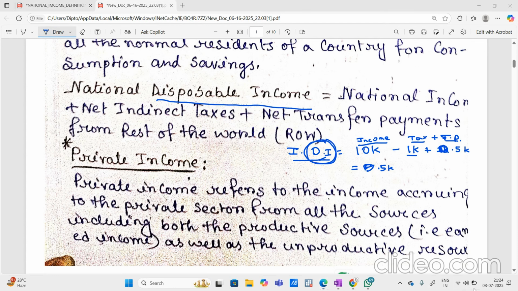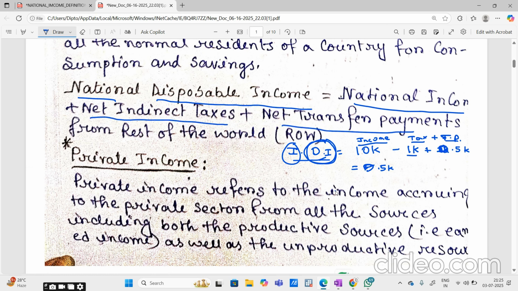Now how to calculate national disposable income? The same concept. Here it was in an individual sense, now we are going to apply it in a national sense. So it is national income plus net indirect tax plus net transfer payment from the rest of the world. Here tax is not subtracted, but let me tell you how net indirect tax is actually arrived at.